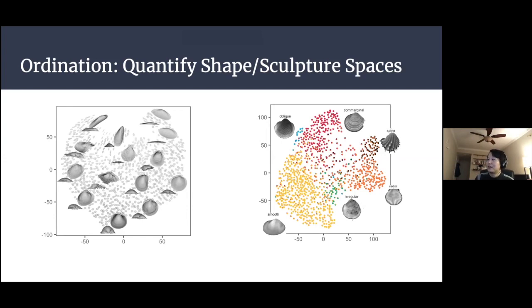On the right-hand side is the feature space for the sculptures. You can see that different types of sculptures are grouped based on their proximity in the representation of the feature space.